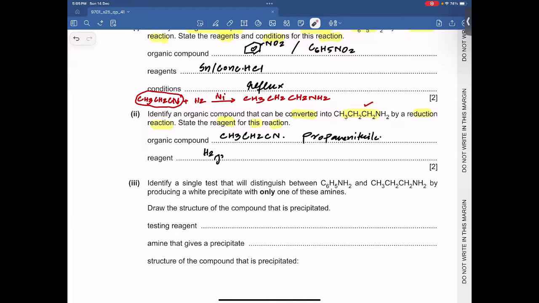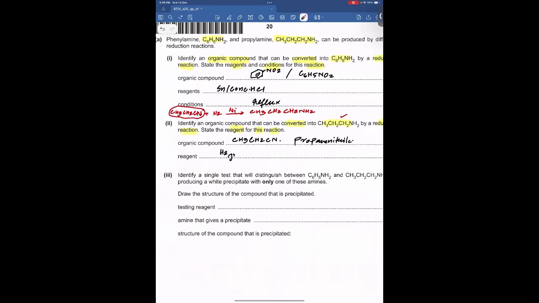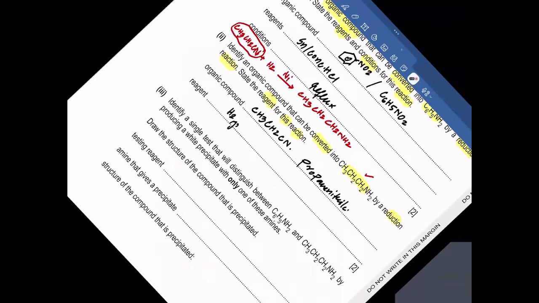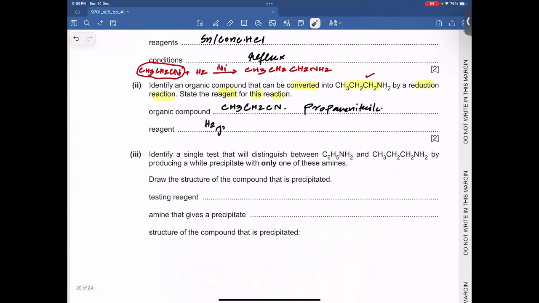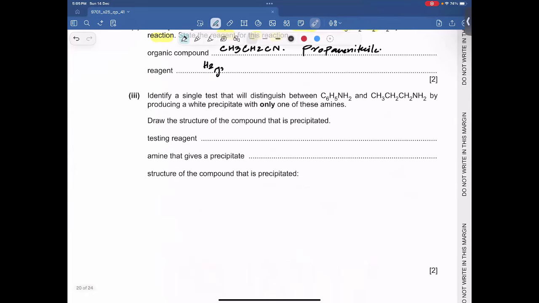So propanamide undergoes reduction in the presence of lithium aluminum hydride, and as a result, you will get aminopropane. That's an alternative answer, which is also acceptable in the paper. Obviously, if I'm going to use propanamide, then lithium aluminum hydride is going to work. Hydrogen gas won't be the reagent in that particular case, okay? And that's what we have done in the class also, if you remember.